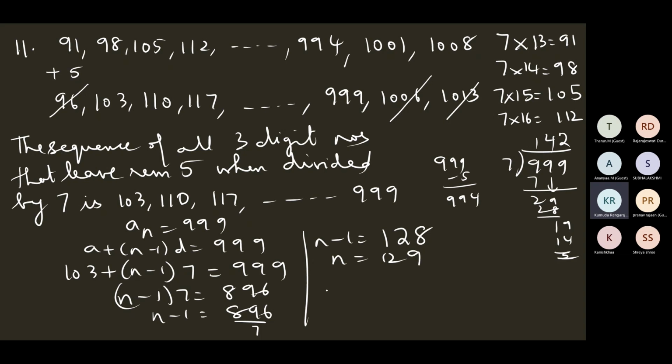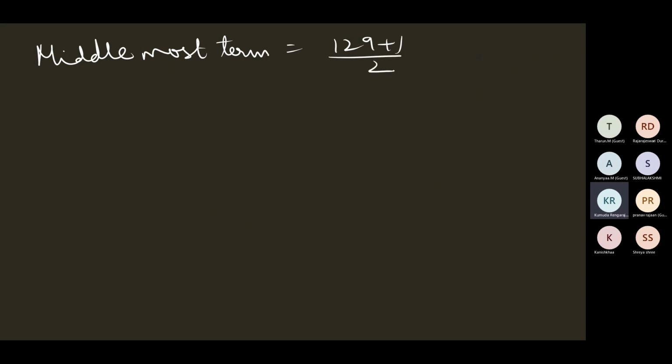And which is the middlemost one? The middlemost term is the (129 plus 1) by 2 term, that is the 130 by 2th term, that is the 65th term.